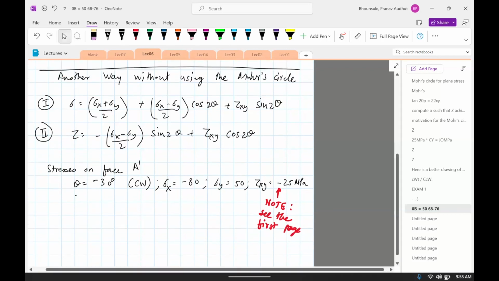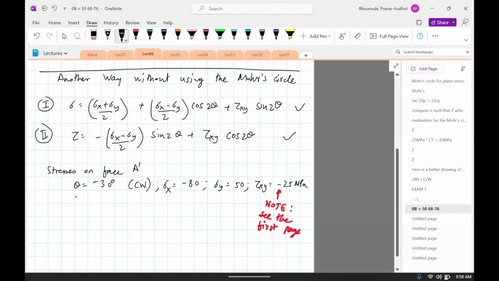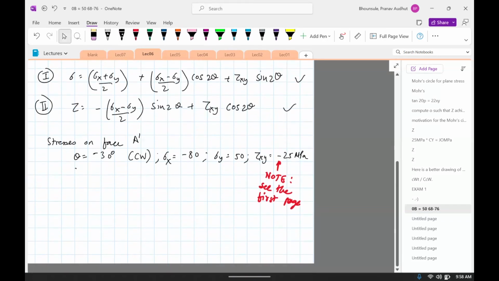Okay, so now if you see this formula and this formula, everything in this is known except for sigma and tau. So if you put in the values, you get sigma A prime, this is at face A, would be minus 25.85, and tau would be minus 68.79.